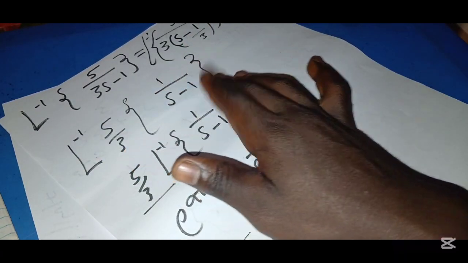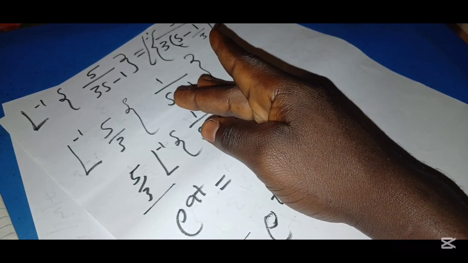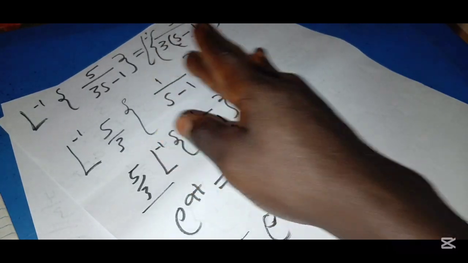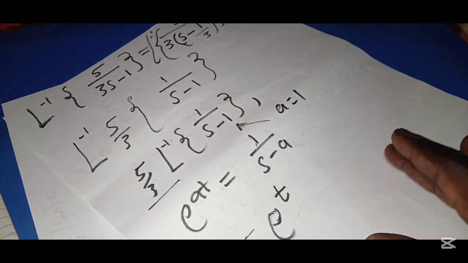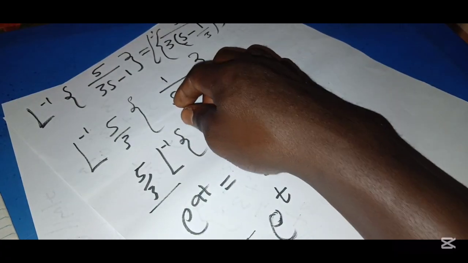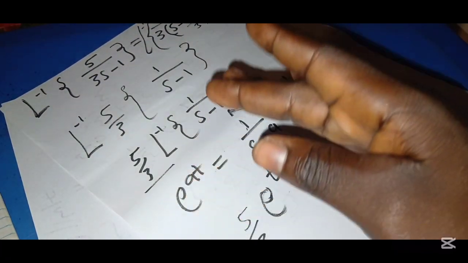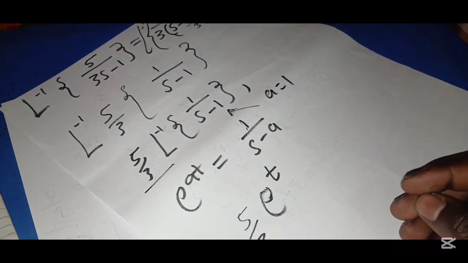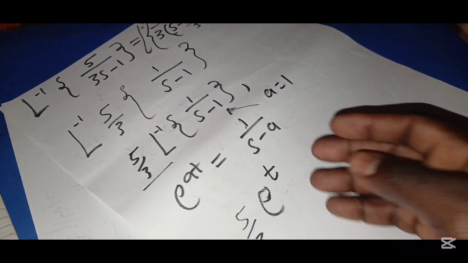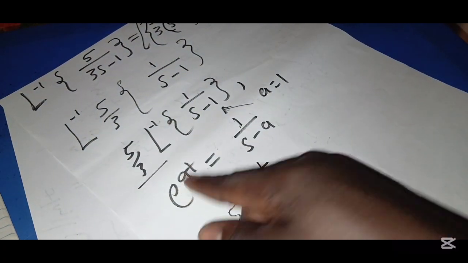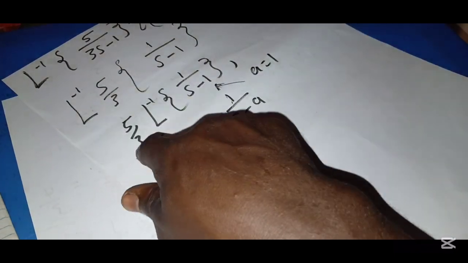You've found the Laplace inverse transform, and now comparing this to where it is coming from, we found out that it is an e to the power at function. Then just go ahead and look for a value of a, then we are good to go. We know our constant already, just multiply what we get by the constant.